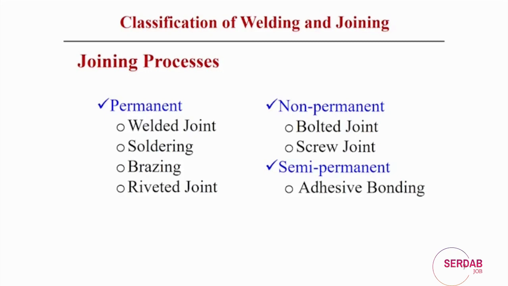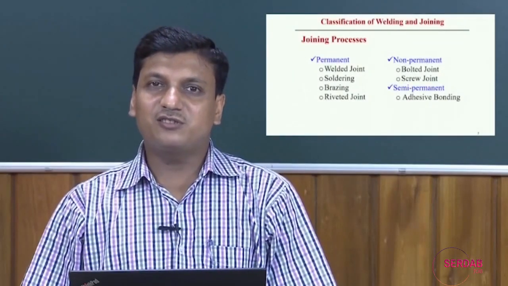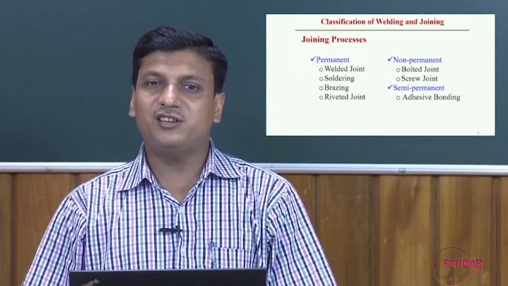So, in that sense it is considered a non-permanent joint. But the rivet joint can be considered a permanent joint in the sense that if we want to disassemble the components, then we need to break the rivet part. That is why it is considered a permanent joint, but it is not so for the bolted joint or the screw joint.